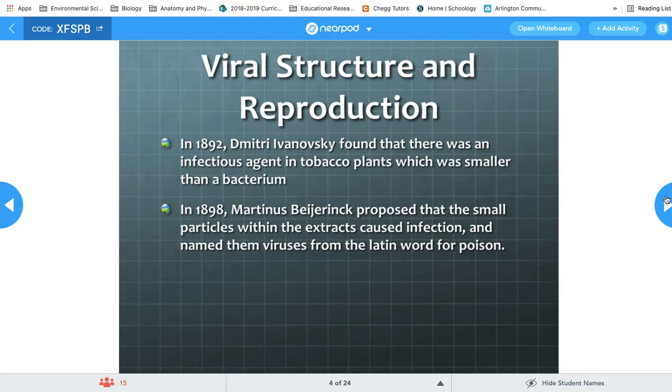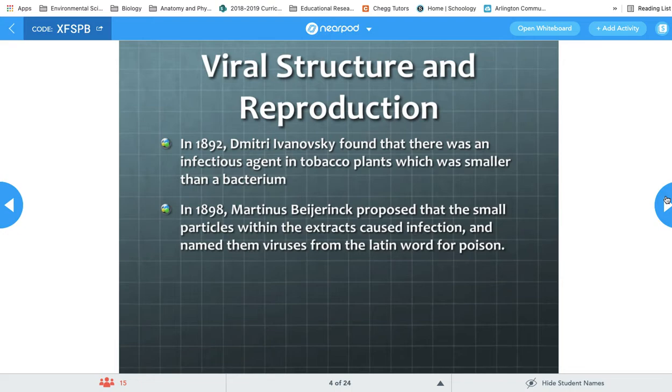In 1892, Dmitri found there was an infectious agent in tobacco plants, and it was smaller than a bacterium. It created some issues for farmers, because we could treat bacteria and we could treat fungi, but we didn't really have anything for these viruses.